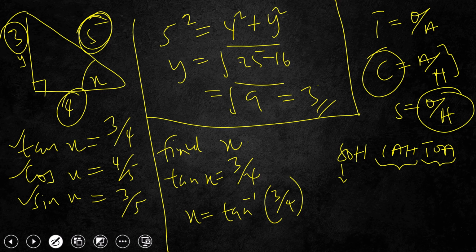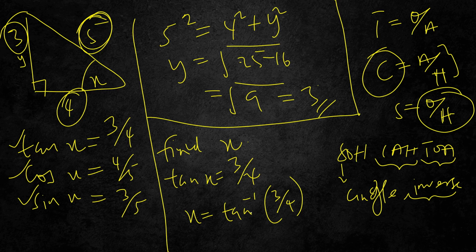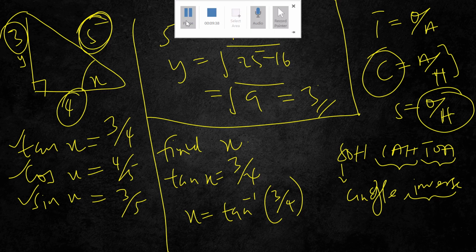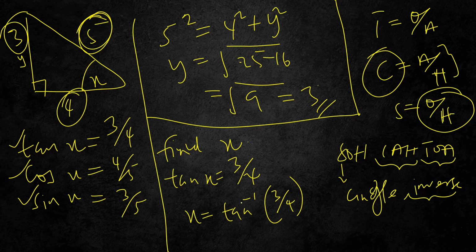If you are looking for the angle, then you have to use the inverse. So you take note of this. Because in this case I'm looking for the angle, that is why I am taking the tan inverse. When you punch this on the calculator, all you need to do is look for shift at the top left of the calculator, then you look for tan.